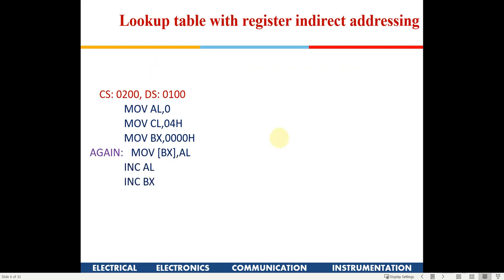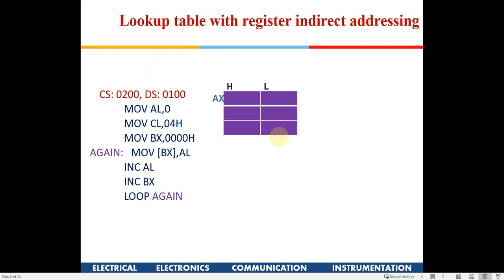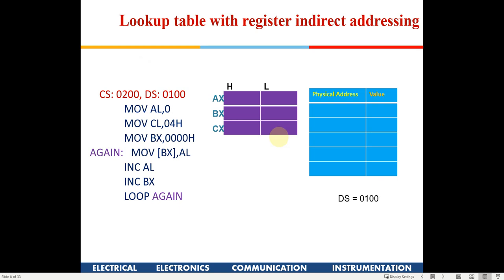In the physical address, we want to store the values 0 1 2 3 4 in these locations. So we are writing a program which will push value 0 here, value 1 here, value 2 here, value 3 here, value 4 here. These are the numerical values which we want to push.